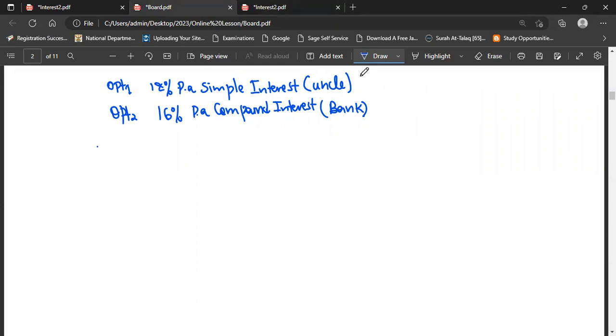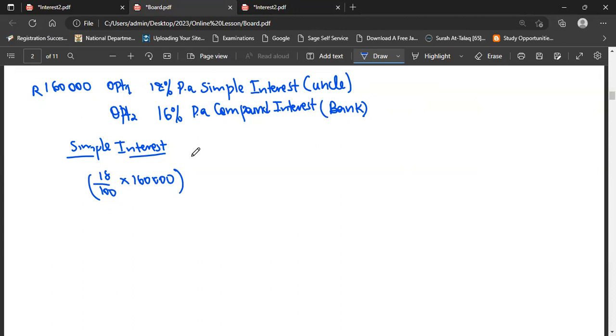All right, option number 1, simple interest. So what we are going to do, remember the money he wants to take is 16,000. He needs this money. So let's do a simple interest. Simple interest will be 18 over 100 times 16,000, just interest.